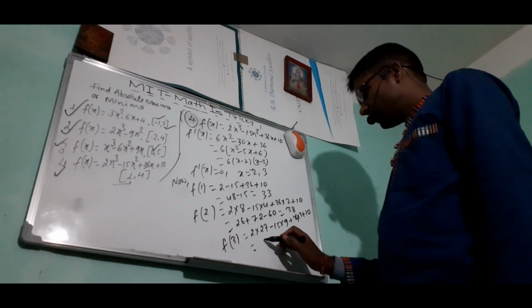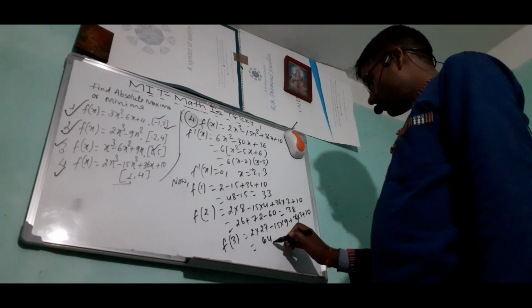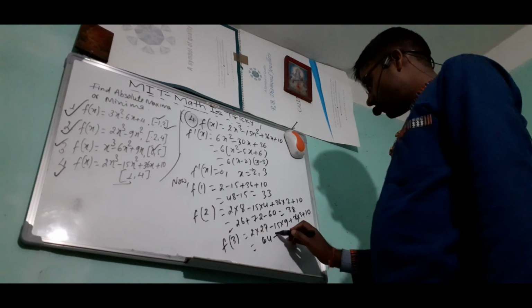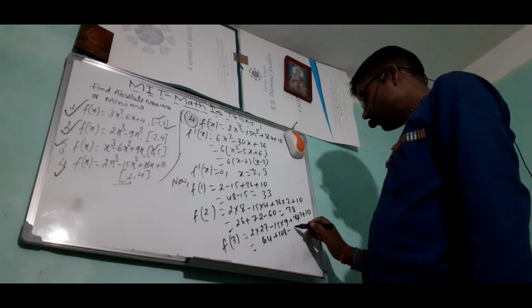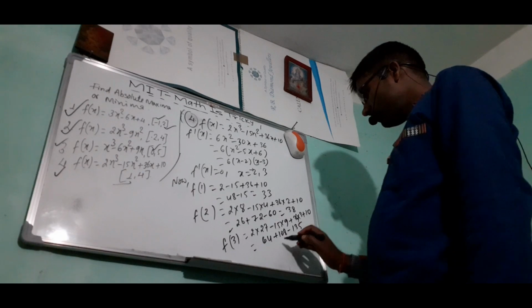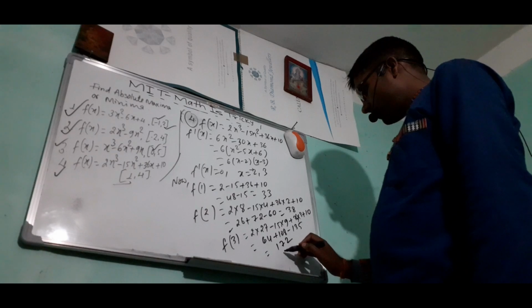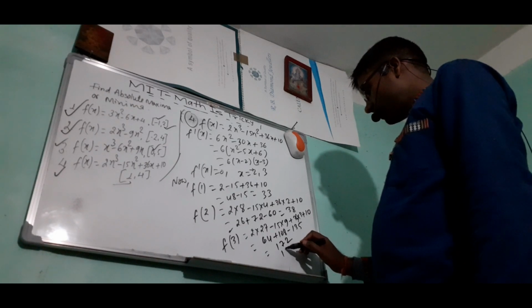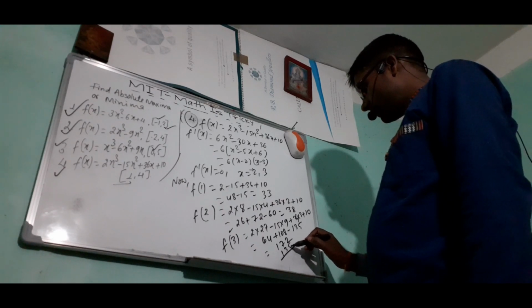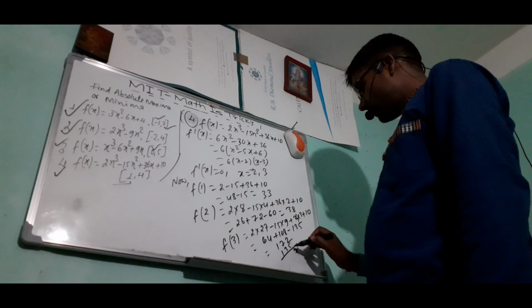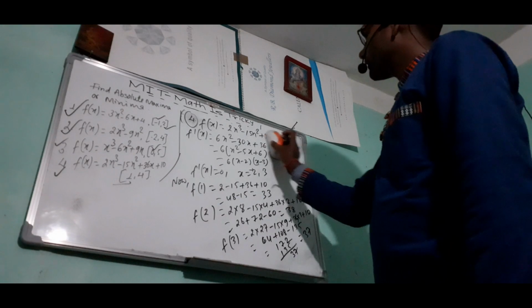So 54 plus 10 is 64, plus 108 is 172, minus 135, which is 37.